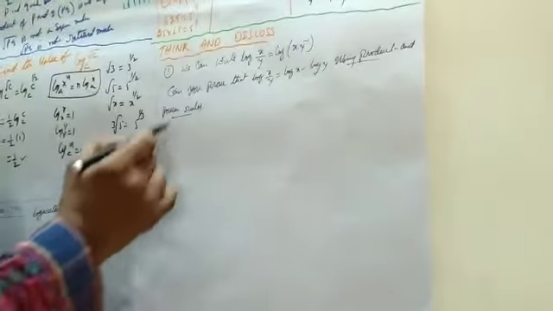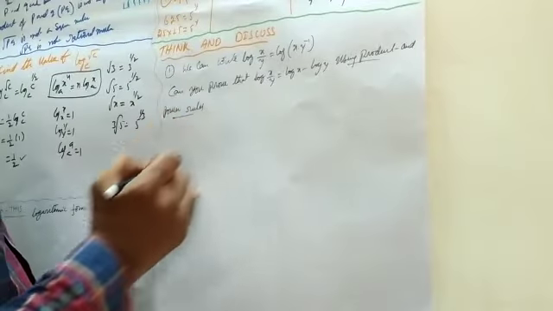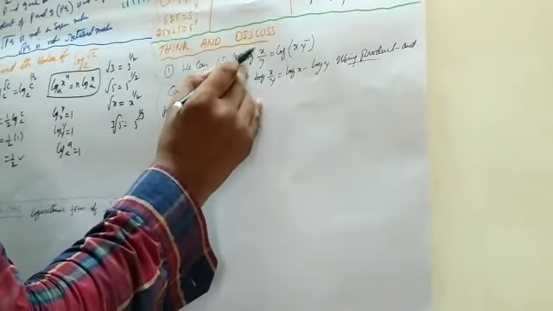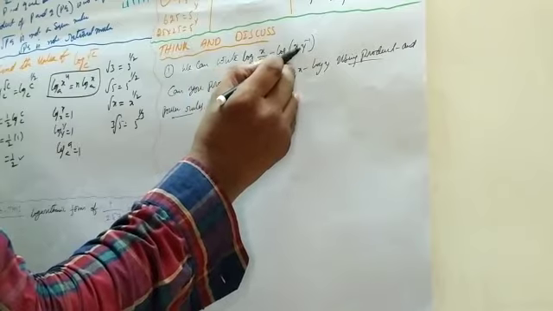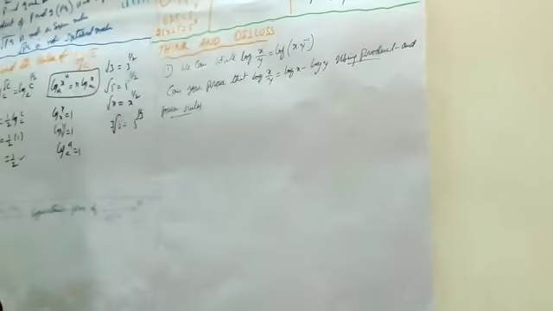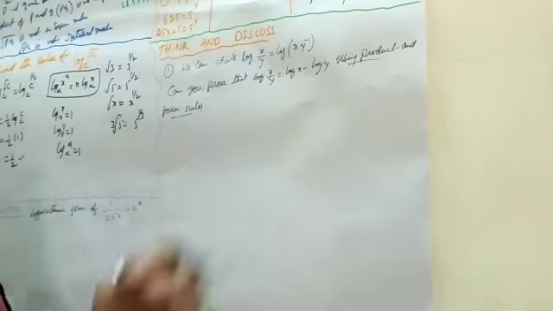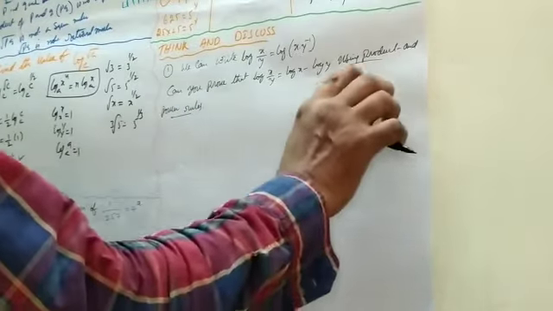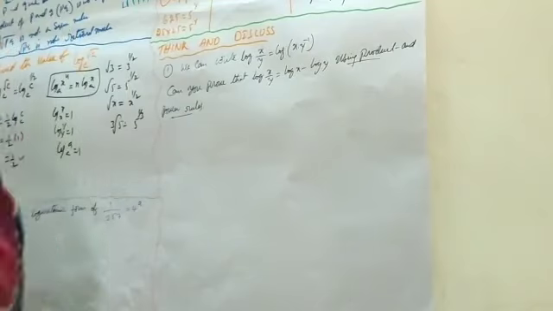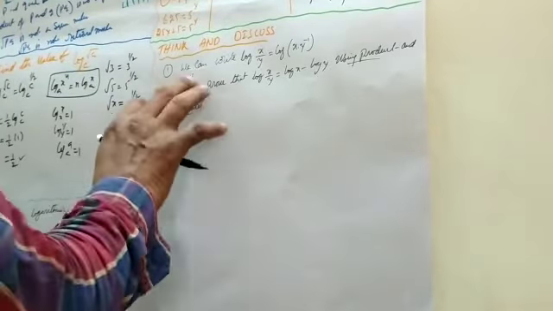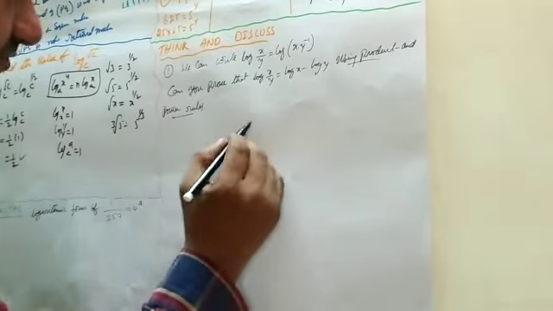Think and discuss. Somebody asked about this sum. We can write log x by y as log x into y inverse. You can prove that log x by y is equal to log x minus log y using the product and power formula.